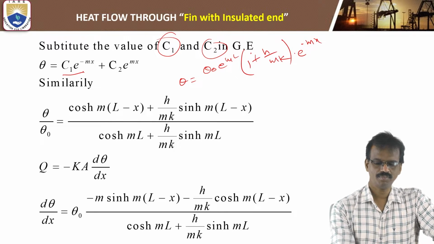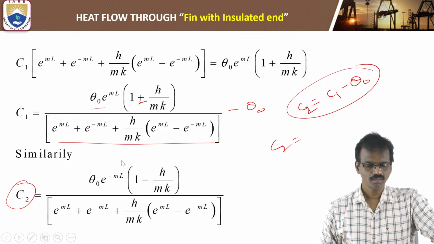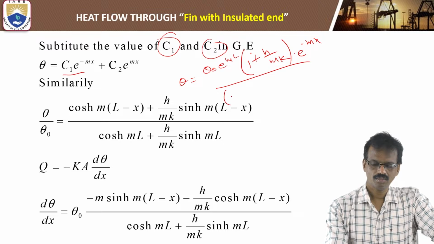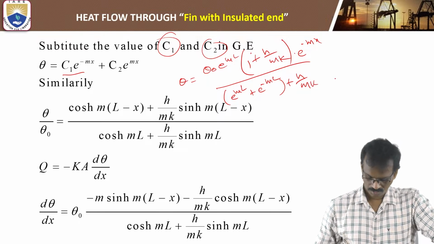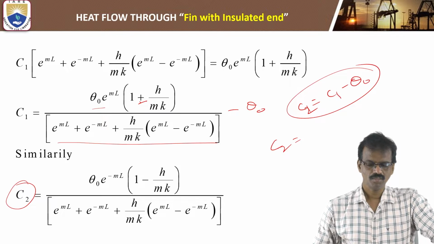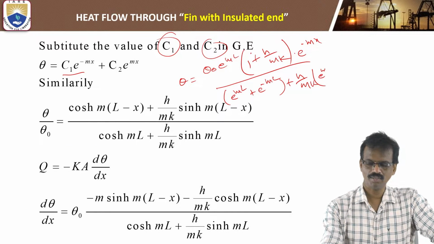So this is the term divided by the same terms. What is the term? E to the power of ml plus e to the power of minus ml, plus h by mk into e to the power of ml minus e to the power of minus ml.